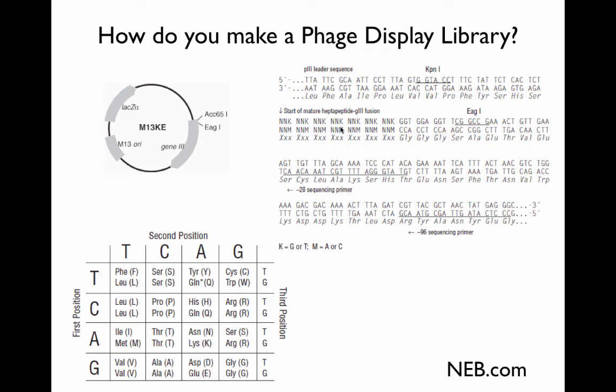And so that way, when you go back and you sequence them, you know what phage were present just by being able to translate using standard Watson-Crick base pairing what exactly was the peptide sequence that was doing the binding. So let's go through some real life examples just of the peptides and the phage display.